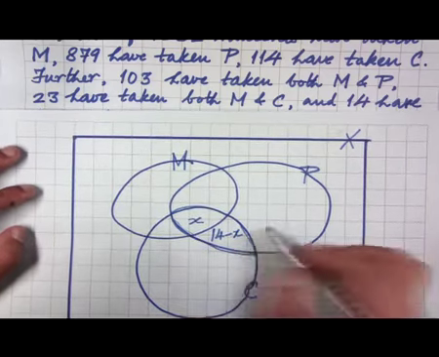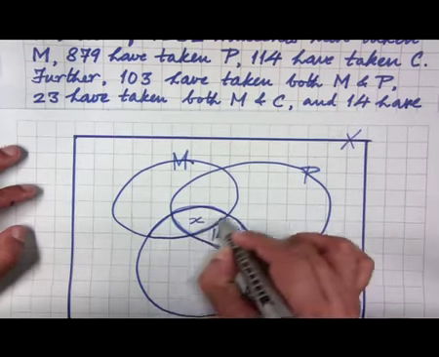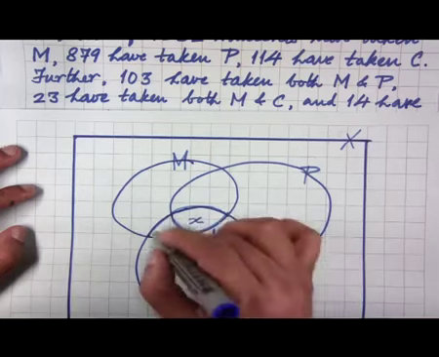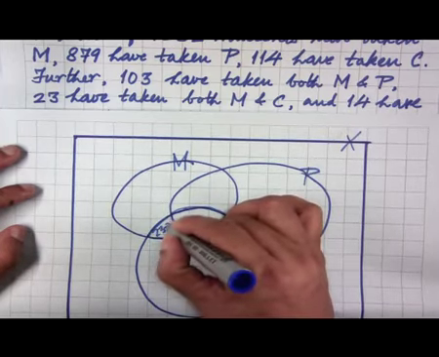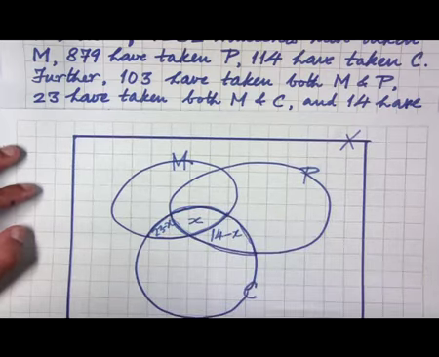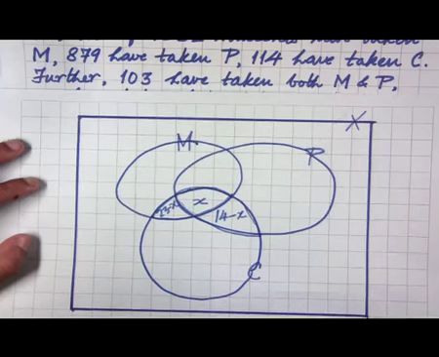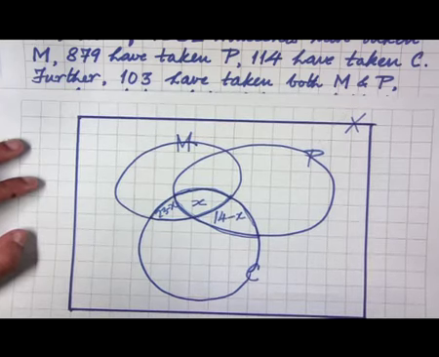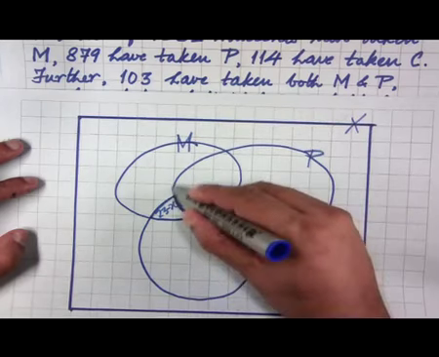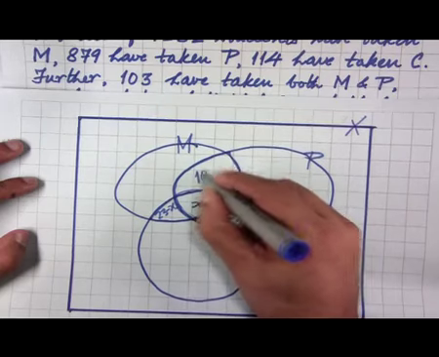So mathematics and chemistry is enclosed by these two regions. This is x, so I've got to write slightly smaller perhaps. 23 minus x comes in here. And then the first data says 103 have taken mathematics and physics. So that is enclosed by this segment here. So this thing here would be 103 minus x.